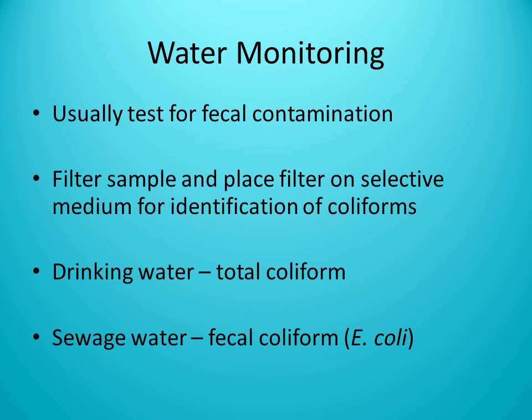For drinking water, though, you'll be looking for total coliforms. Sewage water, it's the fecal coliforms, specifically E. coli. If E. coli is present, that is indicative of recent fecal contamination. So from the sewage plant, you're probably going to have some E. coli there. So you want to make sure that you have cleaned that out before it's released back into the environment.